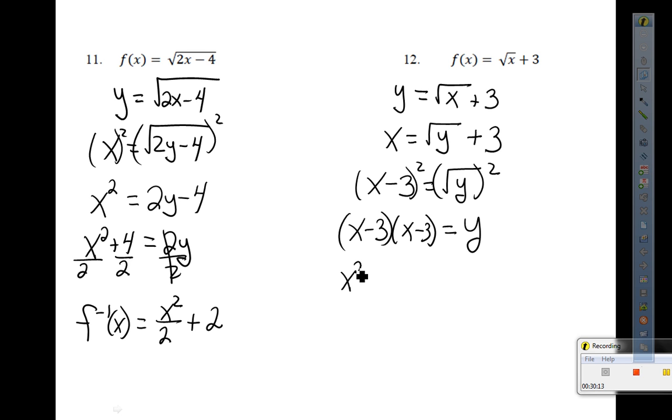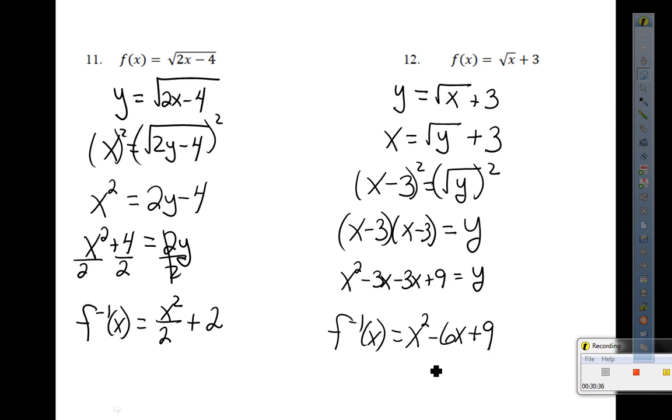So I got x squared minus 3x minus 3x plus 9 equal y. Combine like terms, so I'm going to get f negative 1 of x is, now when I combine like terms, I got x squared minus 6x plus 9.